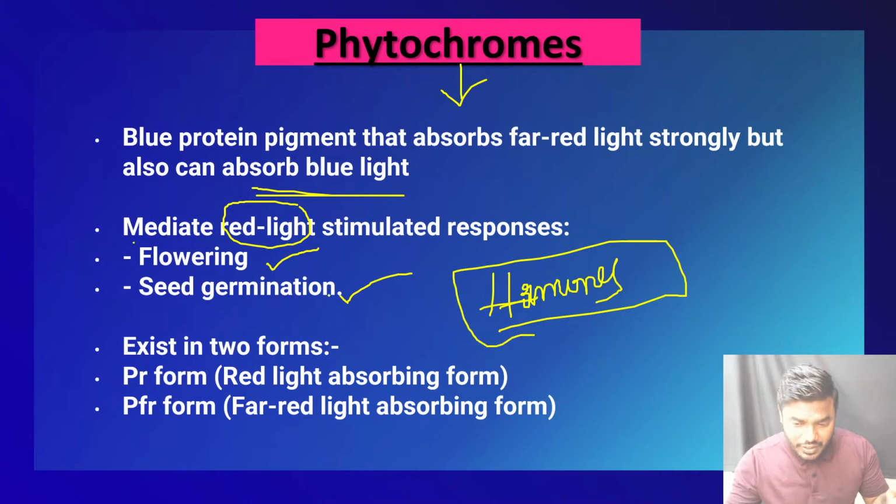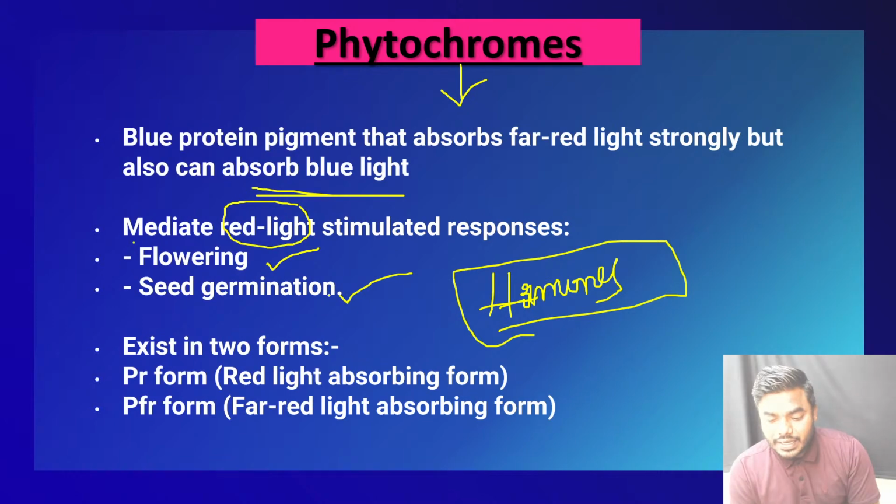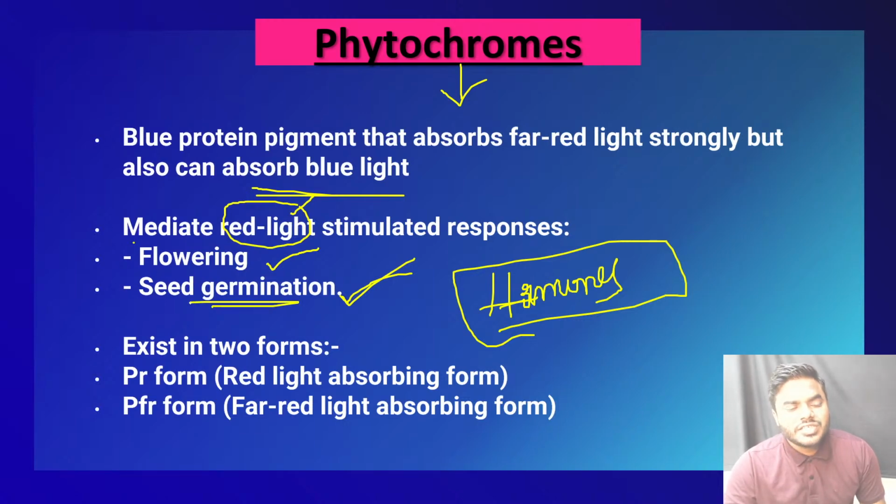There is no doubt about it. Hormones are required for flowering and seed germination, but friends, along with the hormone, even light is extremely important. Kindly don't forget that. So it mediates red light stimulated responses, flowering as well as seed germination. I will explain how phytochrome helps in flowering and in seed germination.